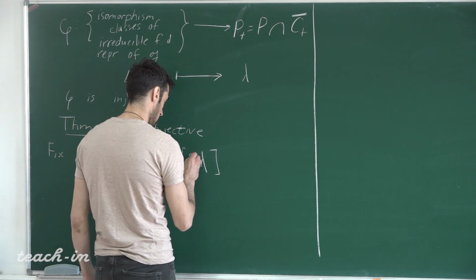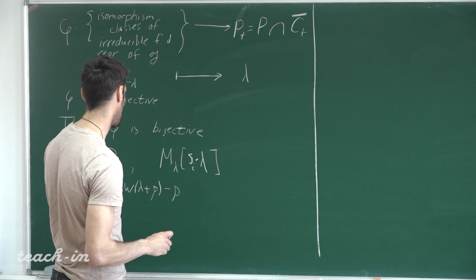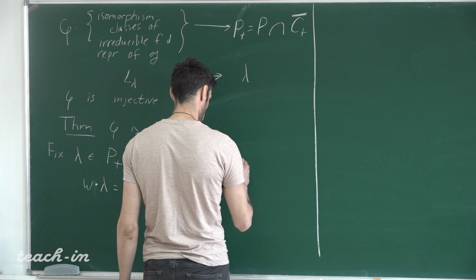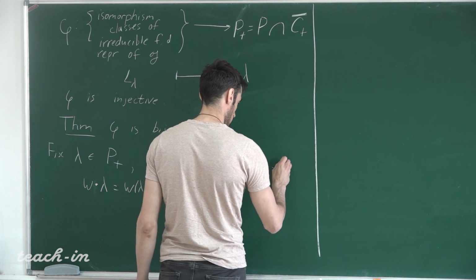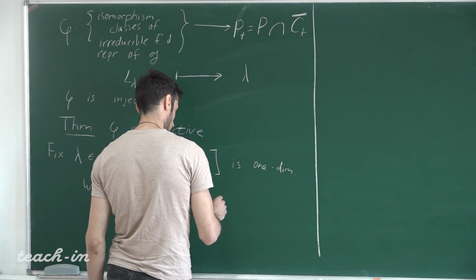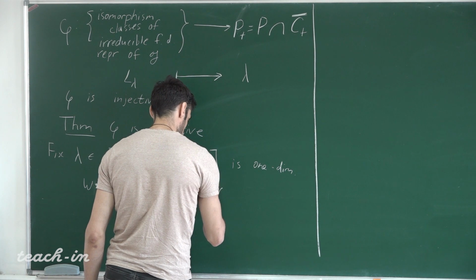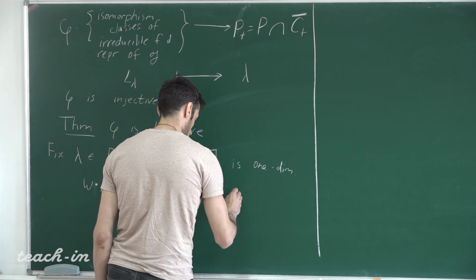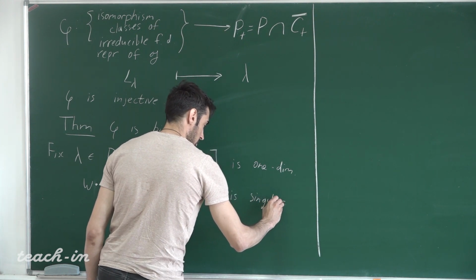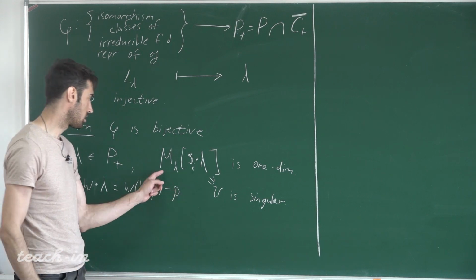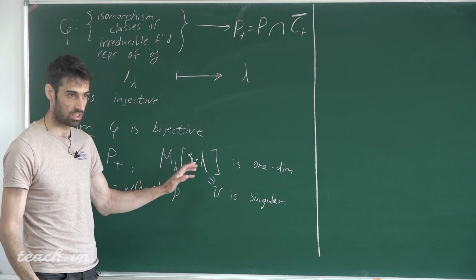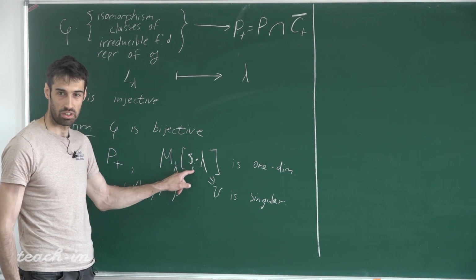So we actually claimed that this is one-dimensional, and if you have a vector here, then it is singular. So if you're looking for singular vectors inside Verma modules, that's where you can find them. Maybe in some other places as well, but that's here for sure.